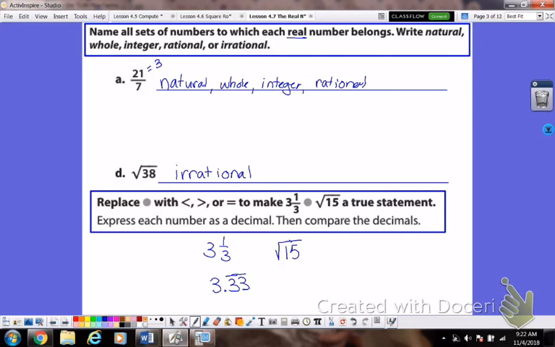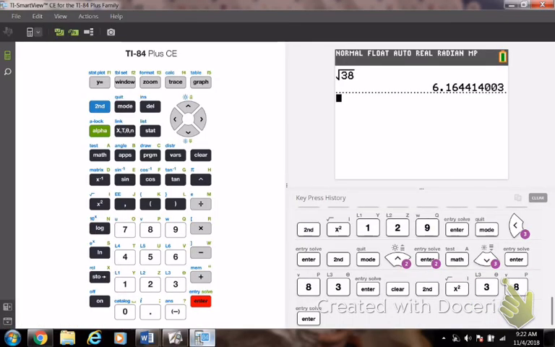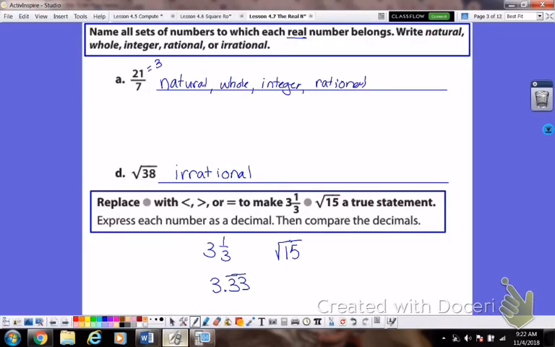Now, I don't know about you, but I don't know the square root of 15. So go back to your calculator, second, x squared, 15, 3.87 continues after that. But we're just going to deal with 2 decimals right now. 3.87, we'll kind of dot, dot, dot to show that it continues.